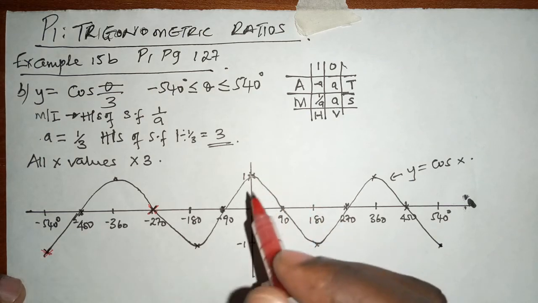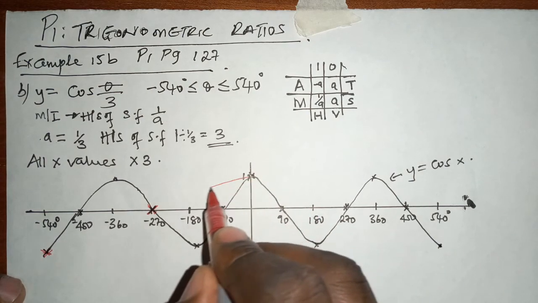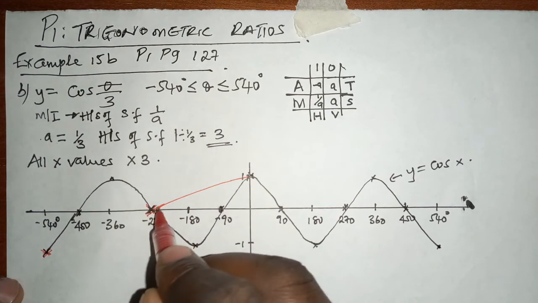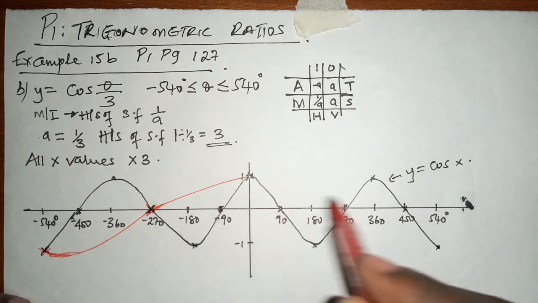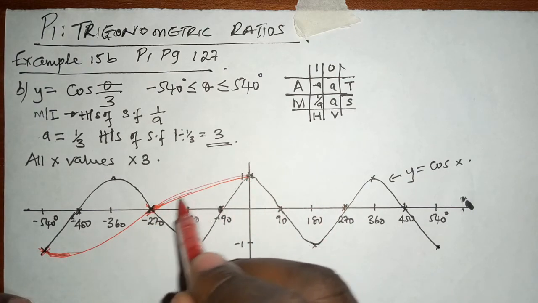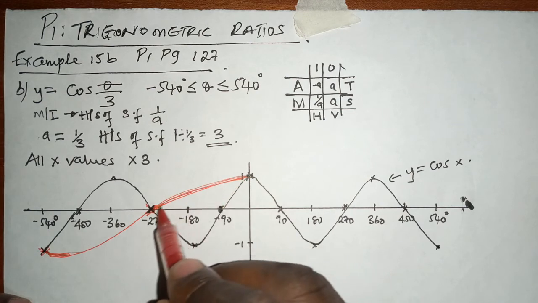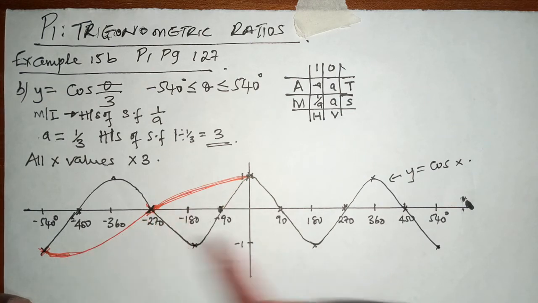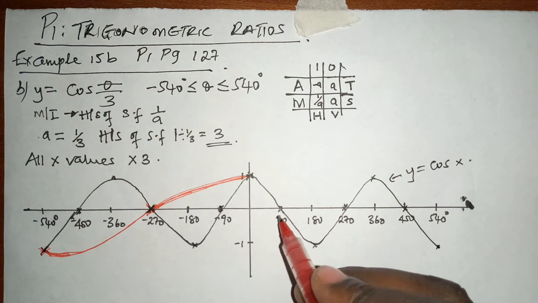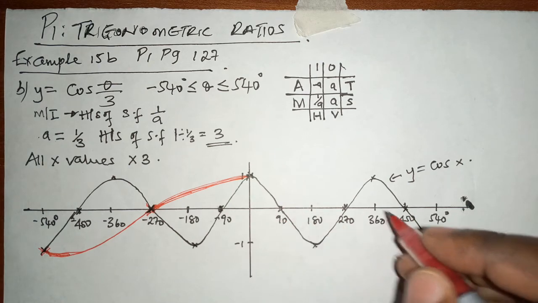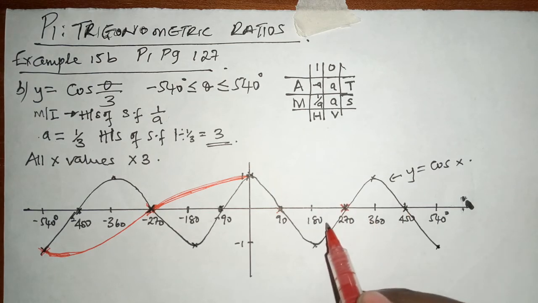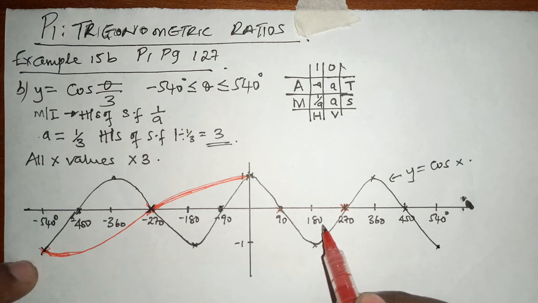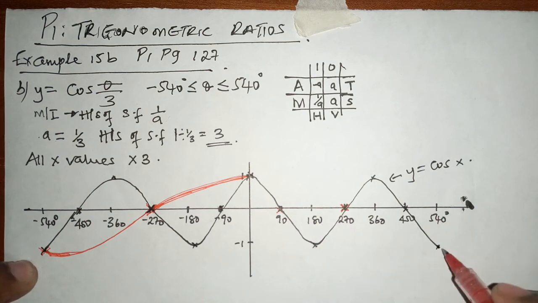So you can already see that our graph on this left-hand side looks like that. It has to be smooth and continuous. On the positive side, 90 times 3 is 270, so this point comes here. 180 times 3 is 540, so this point comes there.